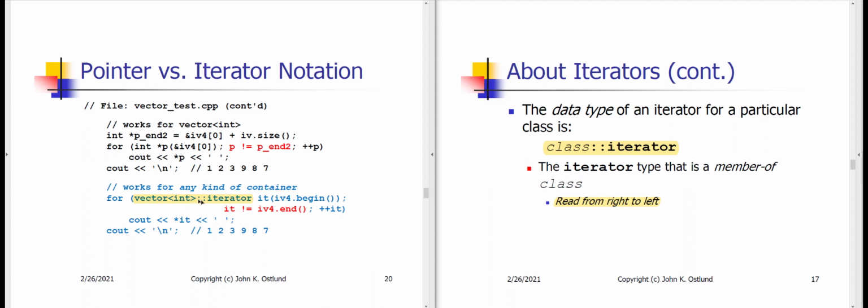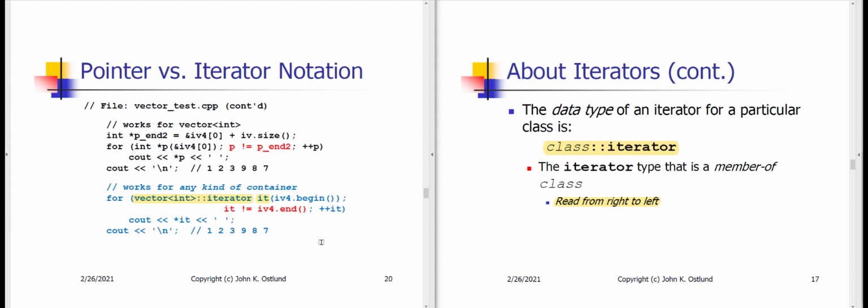Okay, all that stuff I've highlighted in yellow there on slide 20, that is a data type. And the variable being declared is it. I often lazily use it for iterator, just like I use i or j or k for an integer.